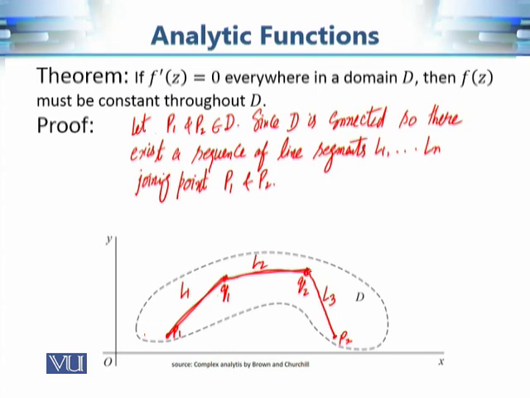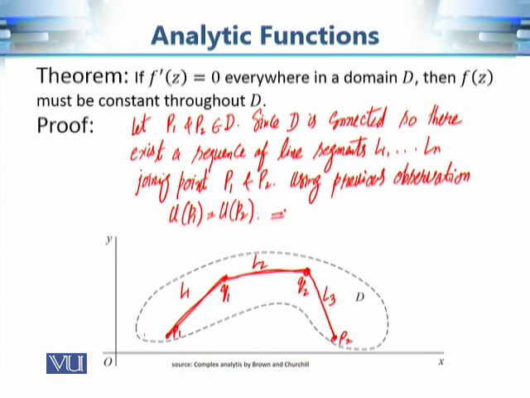Similarly, since du by ds is 0 on this line segment L3, the value of u at point Q2 and point P2 is the same. So the value of u at point P1 and P2 is the same. Using the previous observation, we can say that the value of u at point P1 is the same as the value of u at point P, and this clearly implies that u is constant.